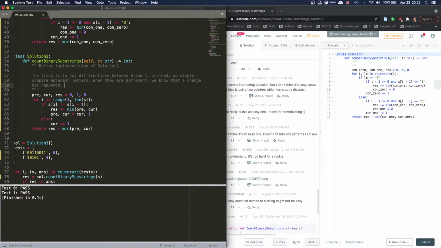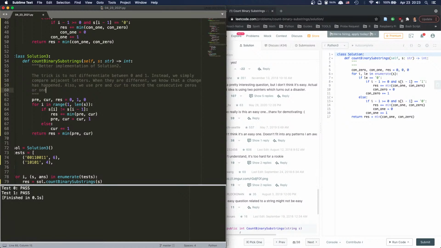Also, we use pre and current to record the consecutive zeros or ones that happened before and right now. Yeah, this is a better solution. I like this one.